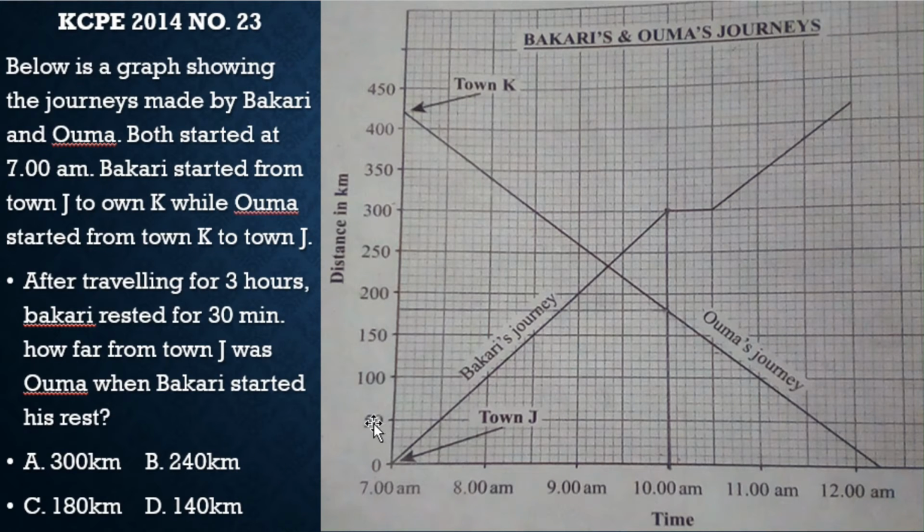So we divide 50 by 5, we get 10 kilometers. So every small square is 10 kilometers. So from 150, we move 150, 160, 170, 180. So at this time, Omar was 180 kilometers away from town J.